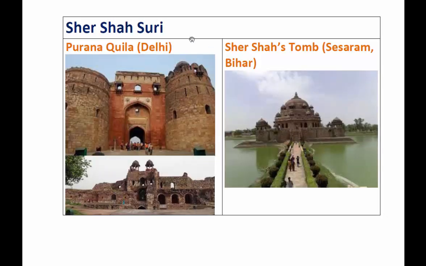Suri. Sher Shah Suri was, so to say, the ruler during the time of the Mughals, especially during Humayun. He built the Purana Qila, which you can see even today. And also Sher Shah's tomb, which stands in Sasaram, Bihar.